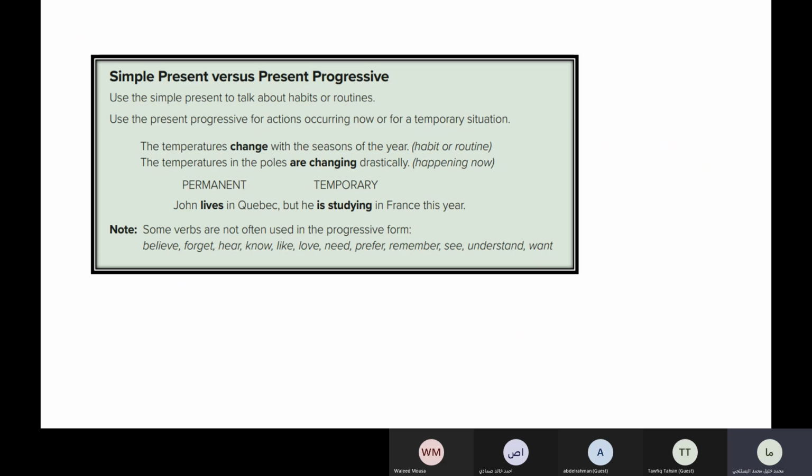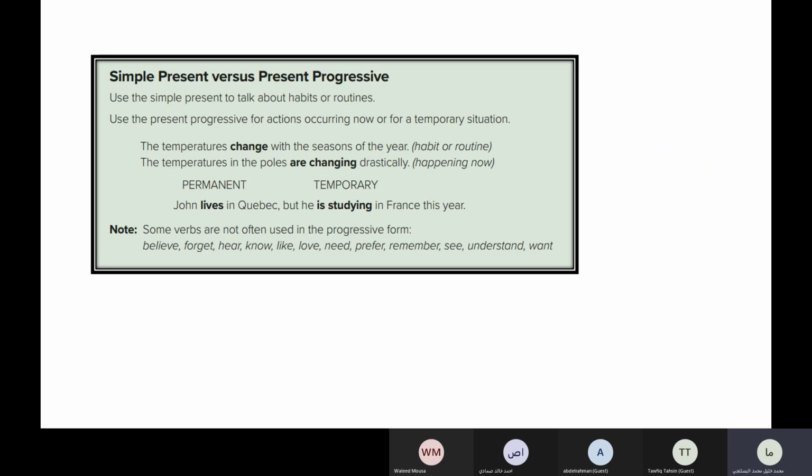In progress, developing and changing, or for temporary situations. You know what we mean by temporary situations? Nothing permanent, not all the time, just for a brief period. Here, look, we use the present progressive for actions and situations that are happening now or in progress, developing and changing, or for temporary situations. Okay, let's do that.